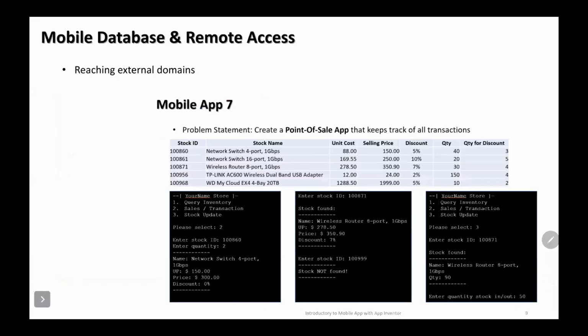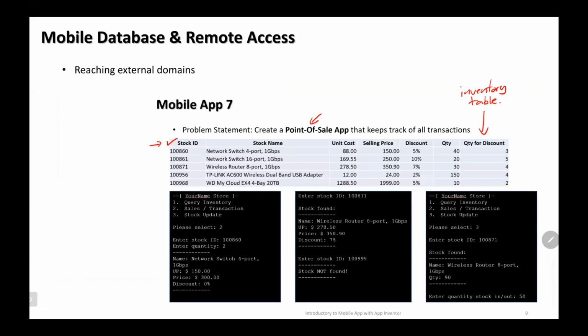So in your mobile app 7, we were focusing on this point of sale, right? So this point of sales, you would have all this information. So I mentioned the last time, this is your inventory table. Your inventory table contains this stock ID, the fields.